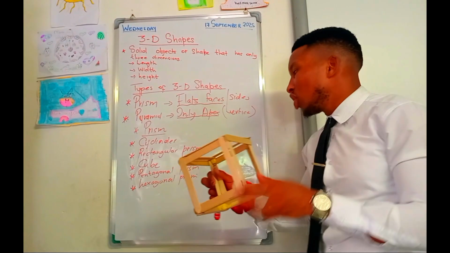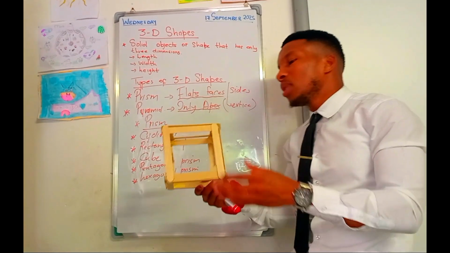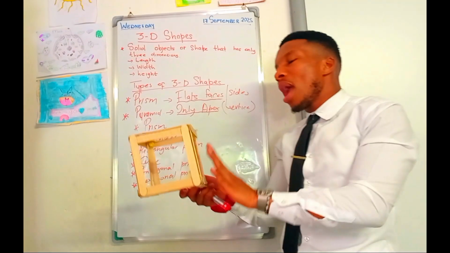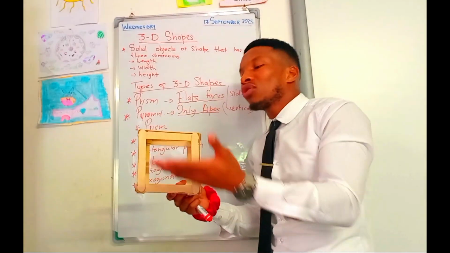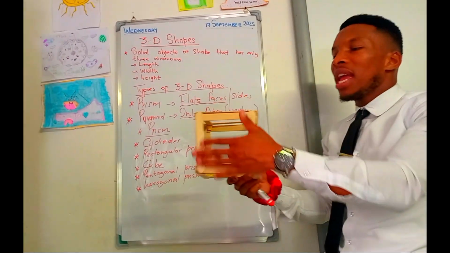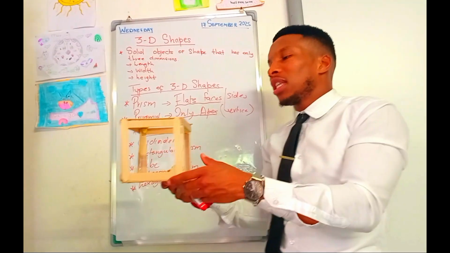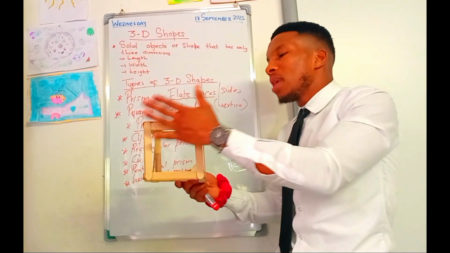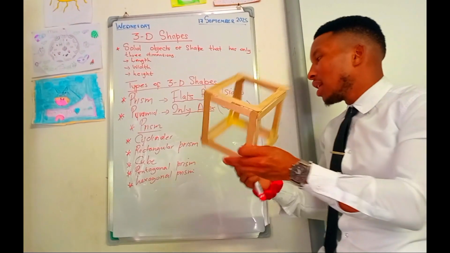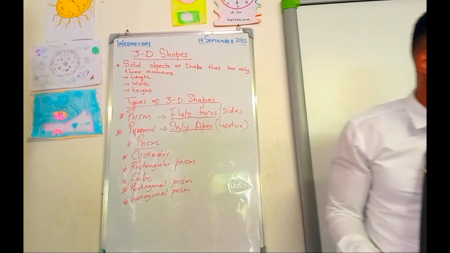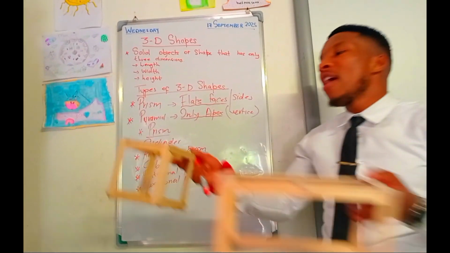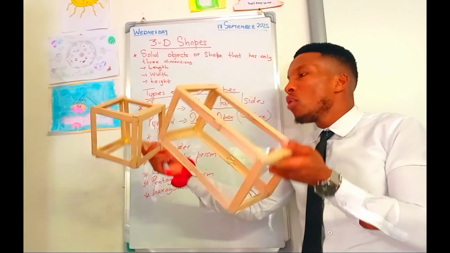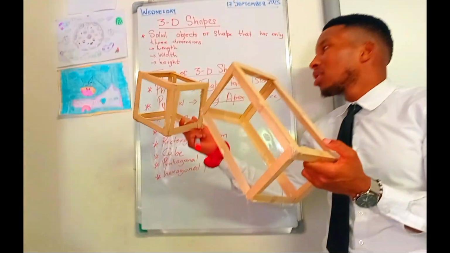A cube, as you see, has squares. The faces of a cube are squares. On the exam, they're going to ask you what is the name of the faces on the cube. Is there a square? Okay, this is a cube. Then we call it a prism because it has only flat faces. We call this a prism because it has only flat faces.